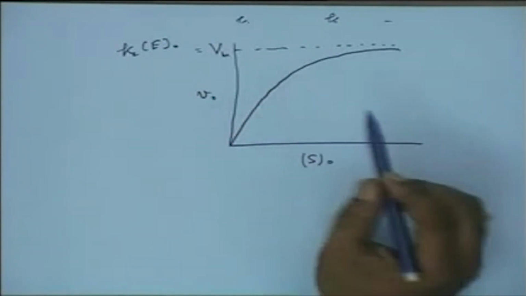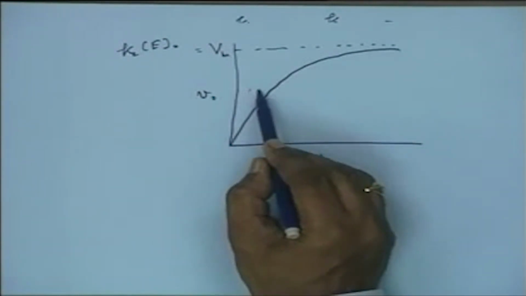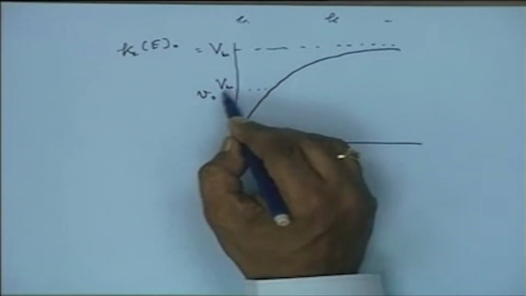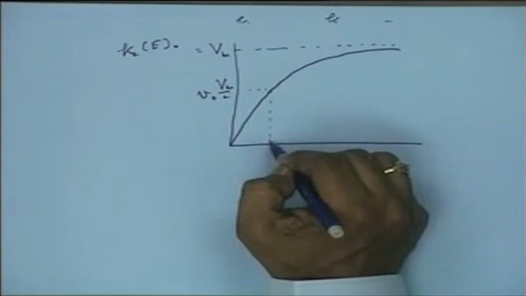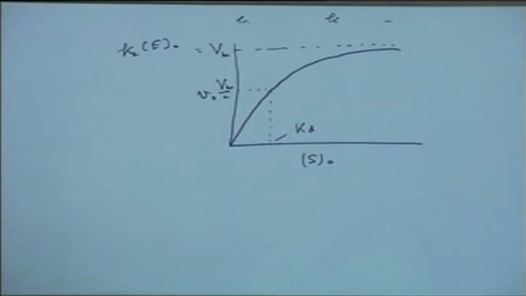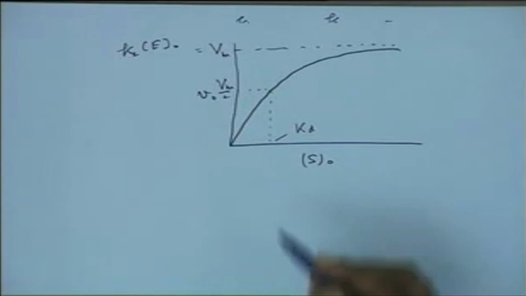and the substrate concentration at which the reaction rate is half the value of the maximum reaction rate was defined as Kd, the dissociation constant. So, with that concept he was able to determine the dissociation constant of the enzyme substrate complex formation.